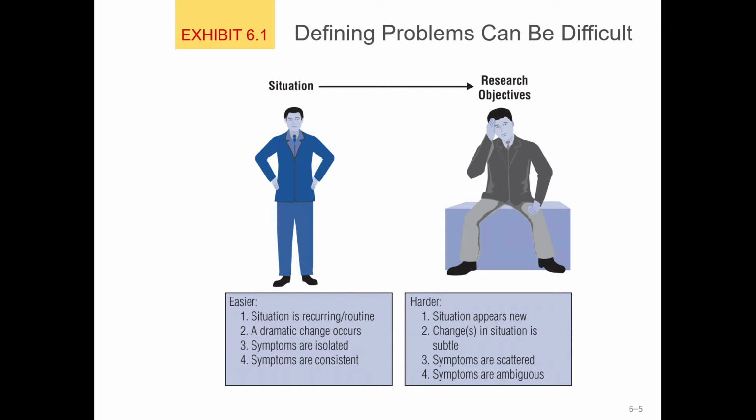Another problem, how widespread are the symptoms? The more scattered any symptoms are, the more difficult it is to put them together into some coherent problem statement. Companies may sometimes face situations in which multiple symptoms exist, but they are all pointing to the same specific business area usually. But when problems are more widespread, it can be very difficult to develop useful research questions.